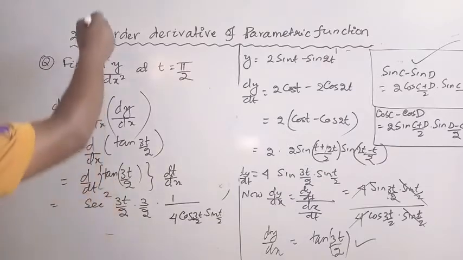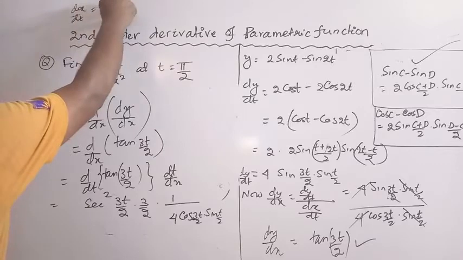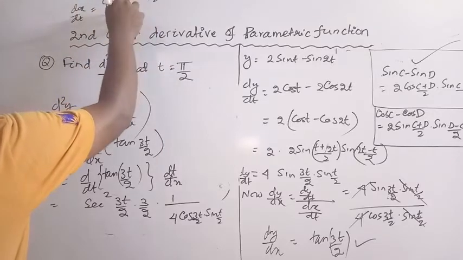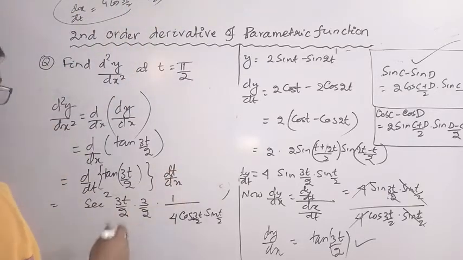We have dx/dt equal to 4 cos(3t/2) sin(t/2). But it is dt/dx, so it's the reciprocal, 1 by 4 cos(3t/2) sin(t/2). Okay, so what is here?